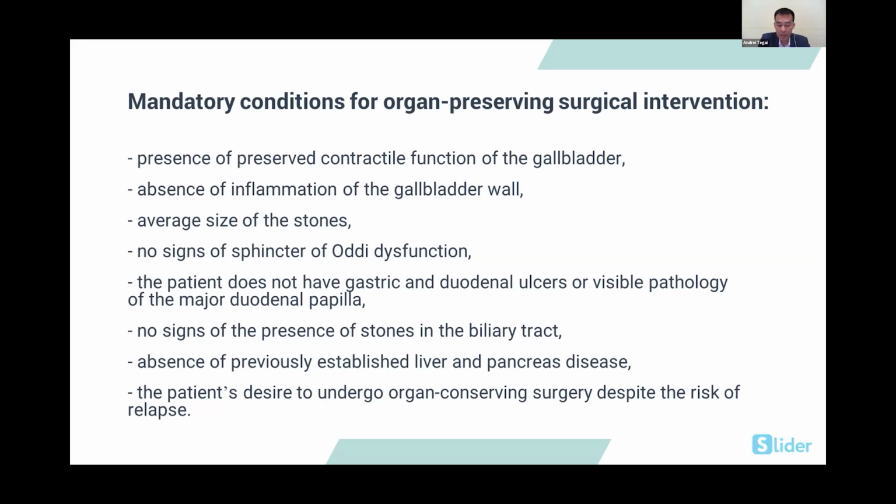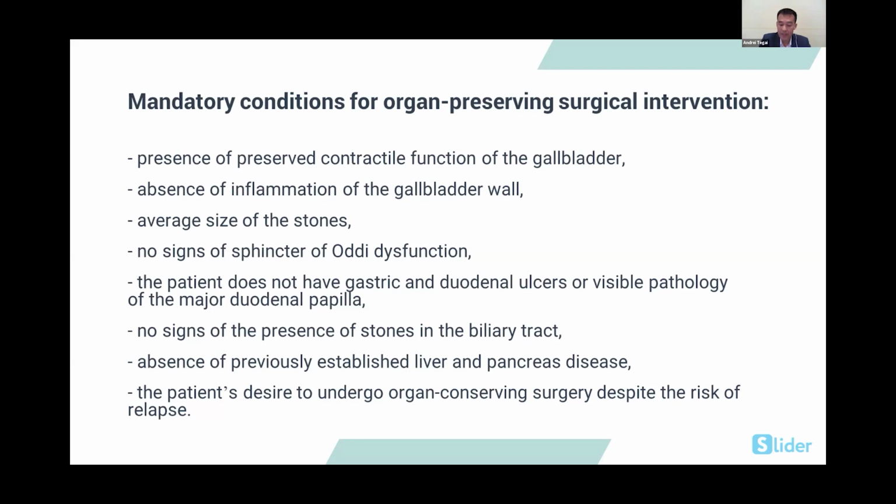The patient's gallbladder size was measured once on an empty stomach, followed by giving a choleretic breakfast and remeasurement of its size. The presence of preserved contractile function of the gallbladder of more than 50% was one of the main criteria for selecting patients for laparoscopic cholecystolithoextraction.